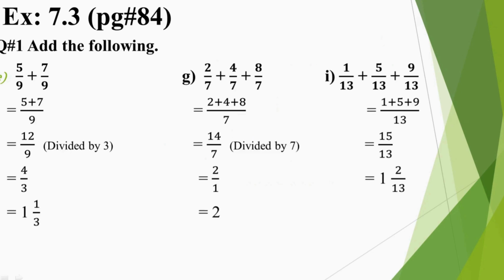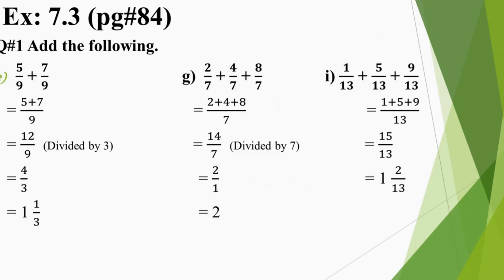But now we can see that this is an improper fraction, and they are also divisible by a common table. What is the common table that you can use over here? As we worked on last day, convert the fractions into their lowest forms. So yes, you divide the numerator and denominator by 3, and it becomes 4/3.